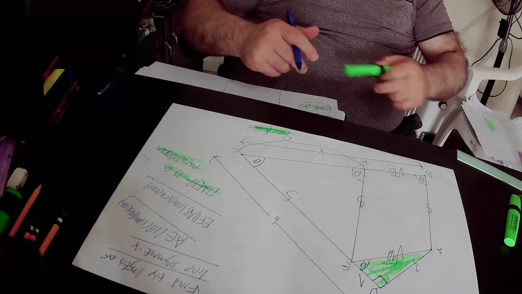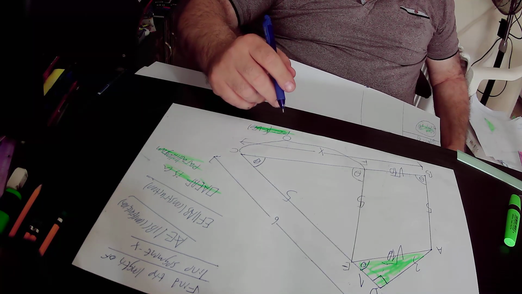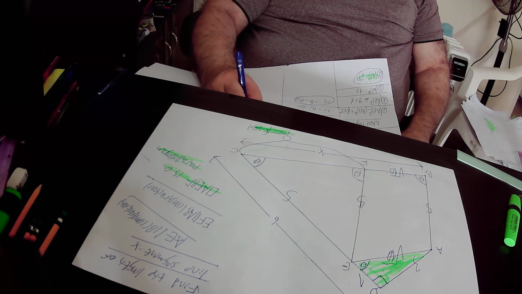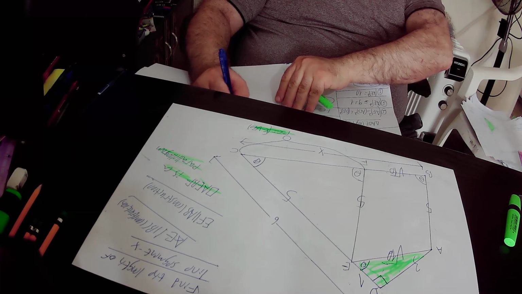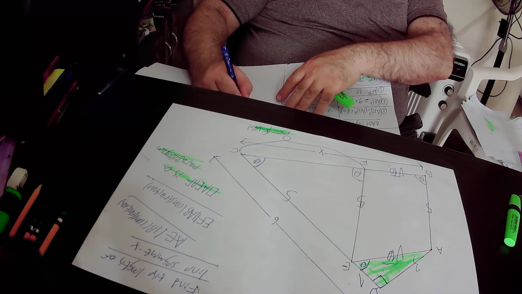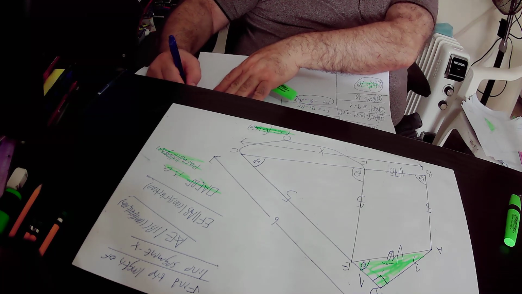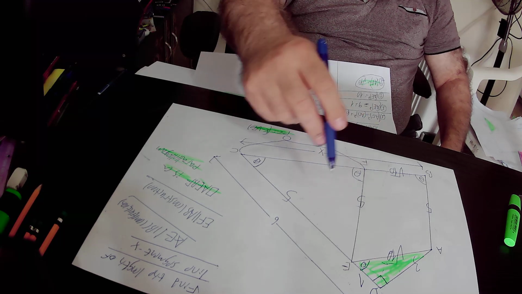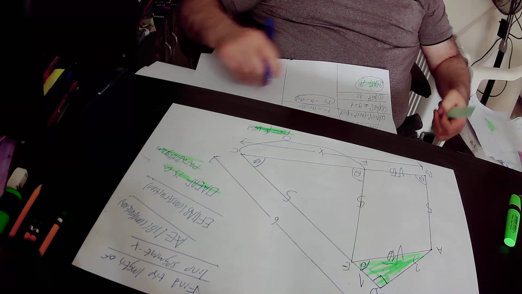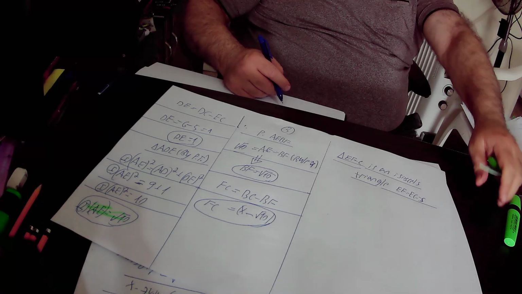In the next step, we will focus on triangle EFC. Triangle EFC is an isosceles triangle because side EF equals side EC.